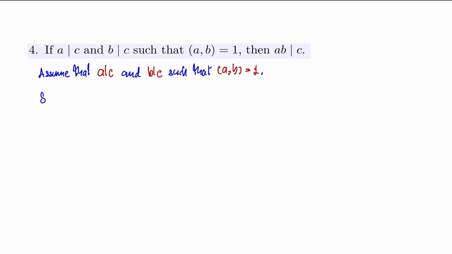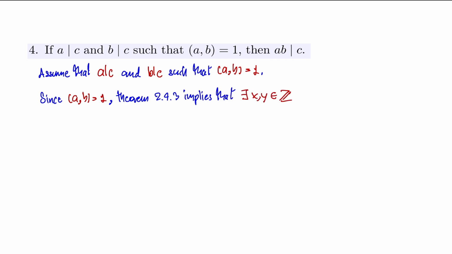So from the greatest common divisor of a and b equals 1, we can use theorem 2.4.3, which implies that there exist integers x, y such that ax plus by equals 1.